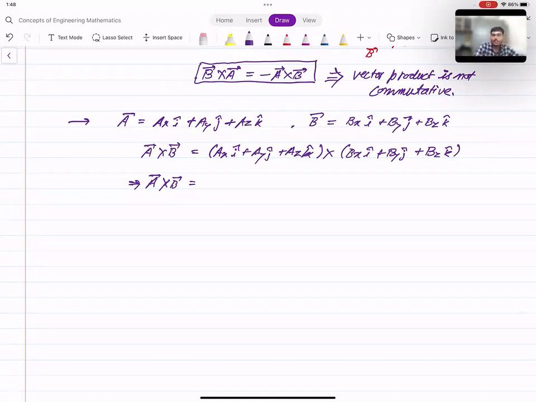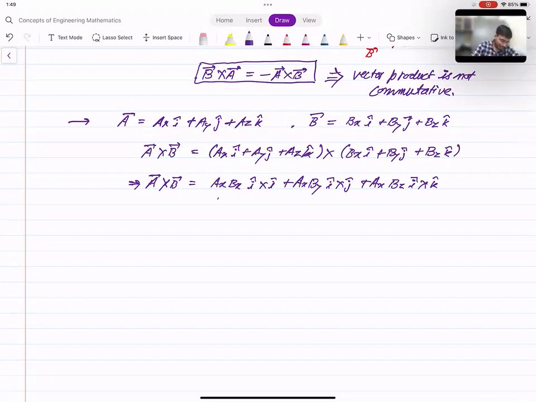So this is ax bx i cap cross i cap plus ax by i cap cross j cap plus ax bz i cap cross k cap.